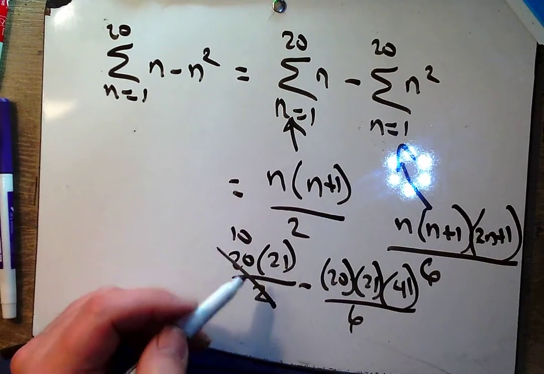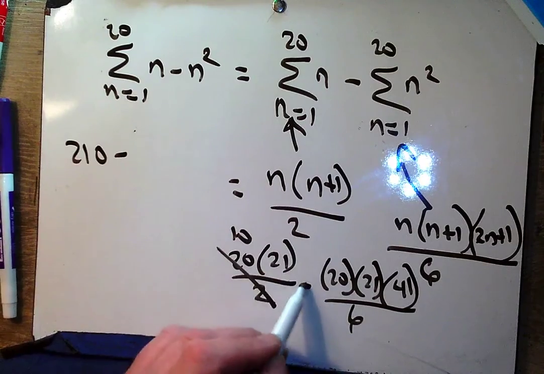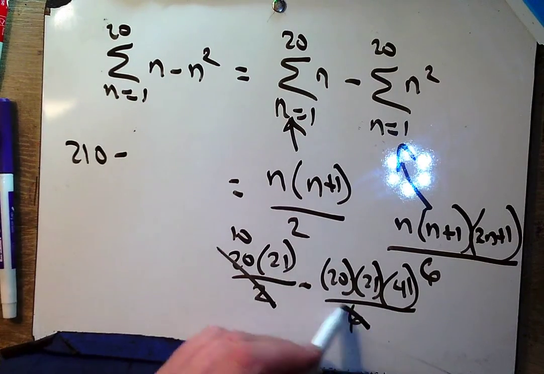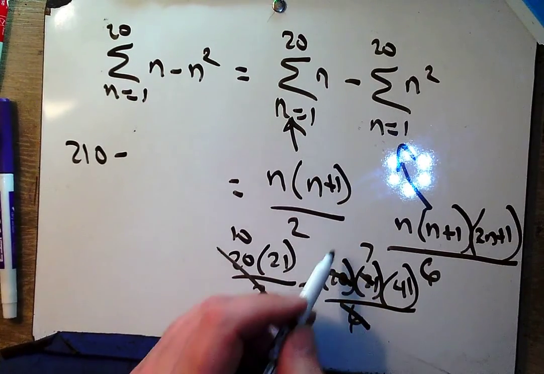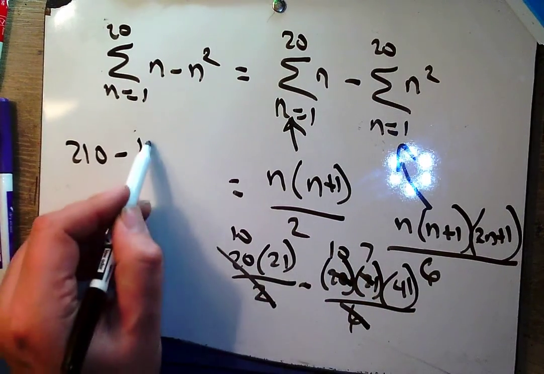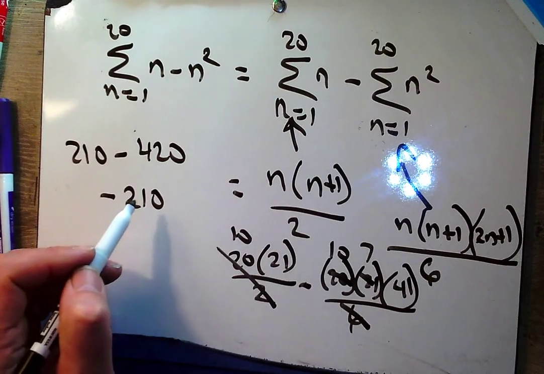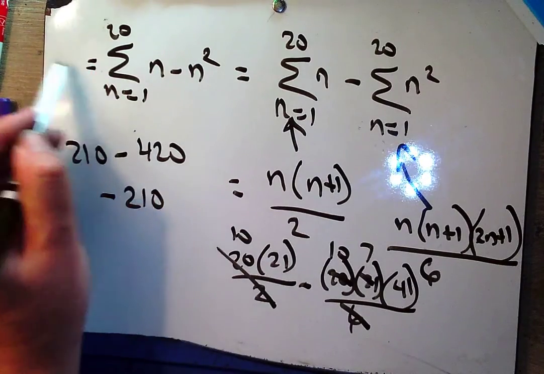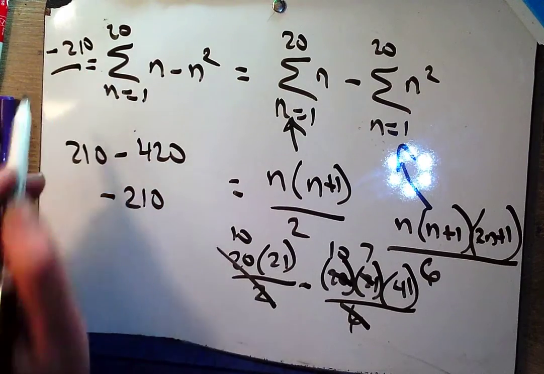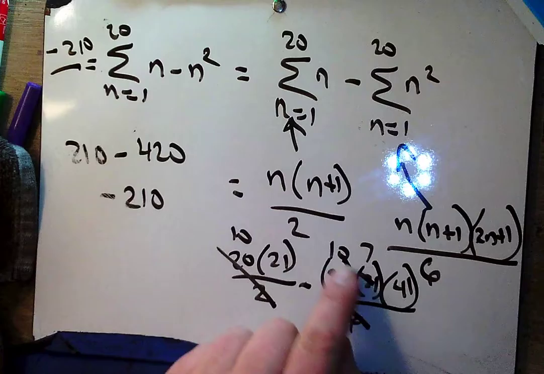So that's going to make 210. We're going to do 10 times 21 minus, I can take a 3 from here and a 2 from here. So I've got 420. And so I get negative 210. There's my answer to that one, negative 210. Okay, I think so.